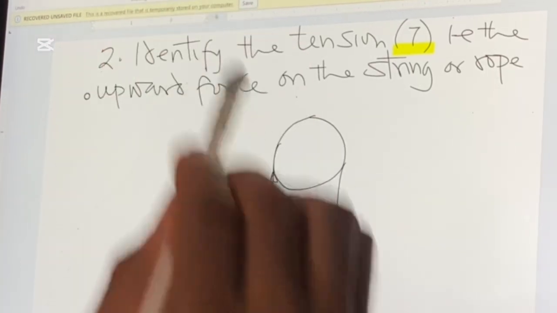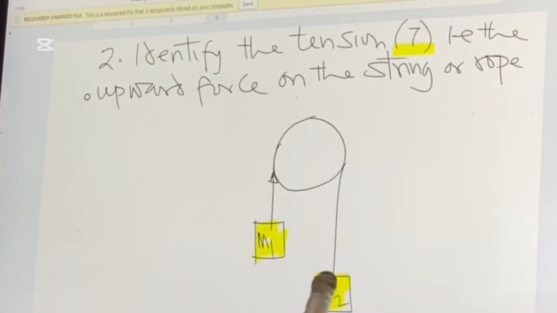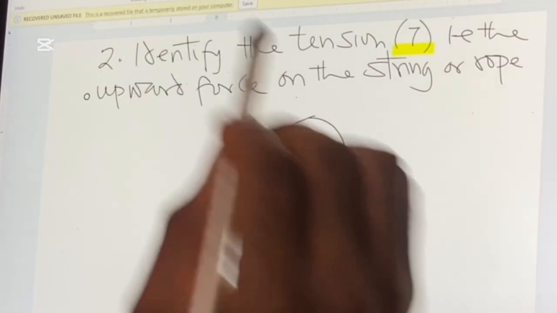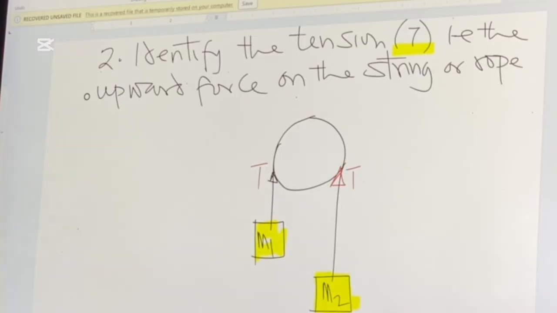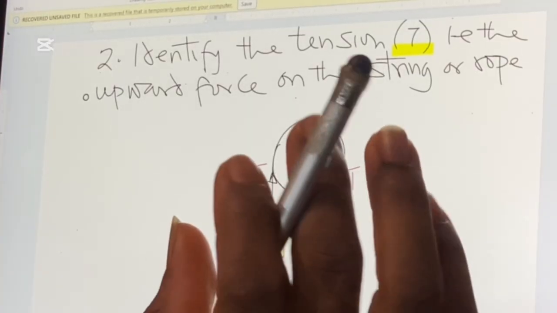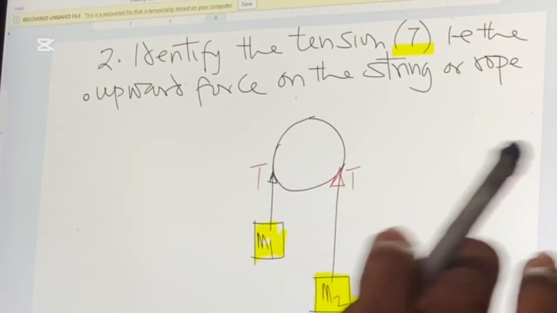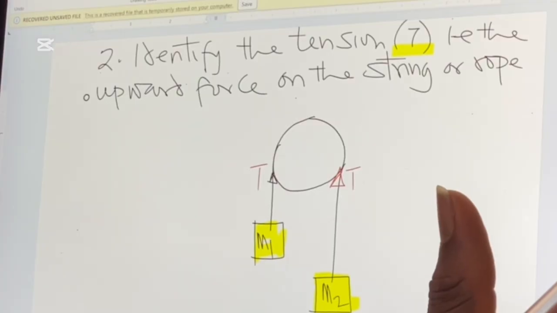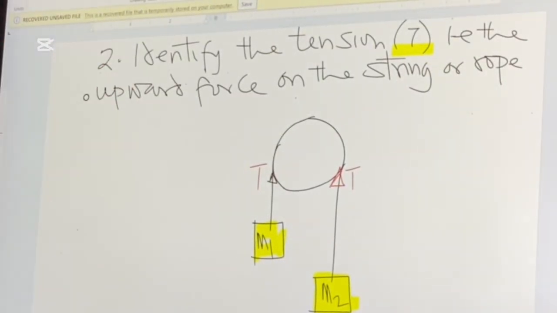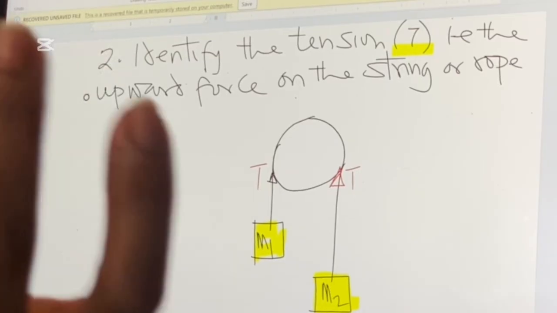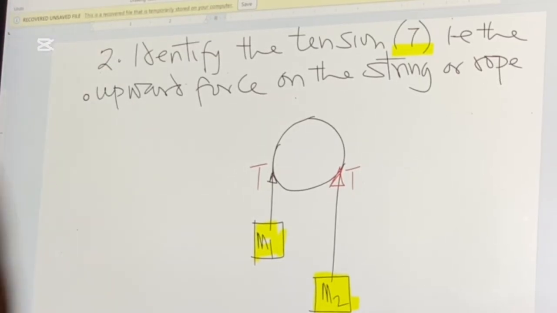The same thing here, this is the mass M2. So what is the upward force of this M2? This will be tension. Please take note. So tension is always the upward force. That force up on the rope is called tension.